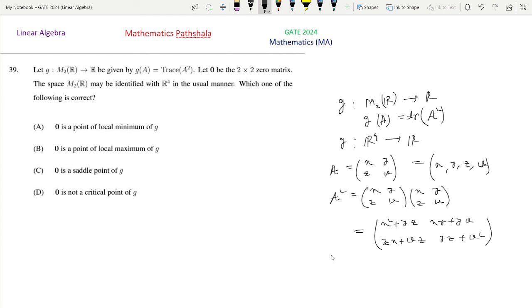So trace A square will be x square plus yz plus yz plus w square, that is x square plus 2yz plus w square.